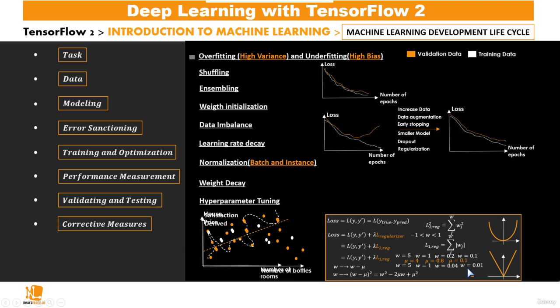Whereas for the L2 regularization, even though the weight is now 0.1, the regularization loss takes in 0.1 squared, which is 0.01. So again, we see that our L2 regularization loss keeps reducing even faster than the L1 regularization loss, although both weights were reduced by the same value, mu equals 0.1.